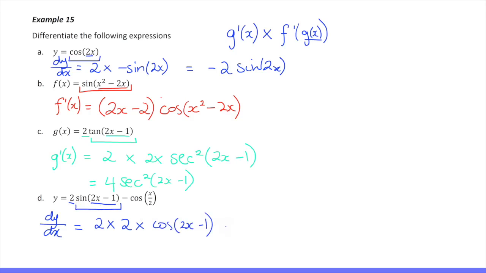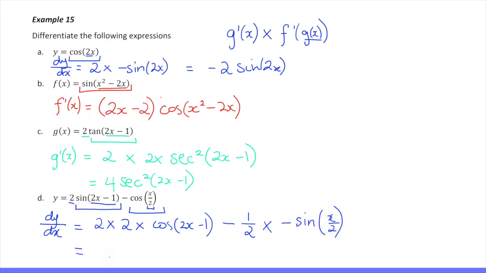That will be, because there's a minus there, minus, and now once again the derivative of the inside, so that's x on 2, which means the derivative is 1/2, multiplied by the derivative of the outside. Now the derivative of cos is negative sine, and this time it'll be x on 2.